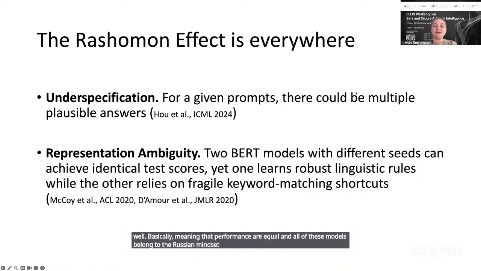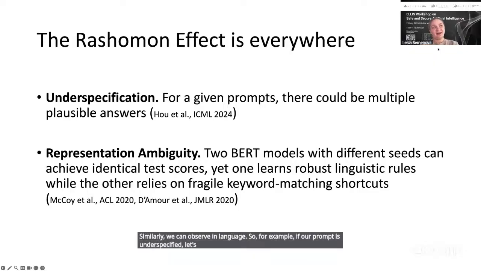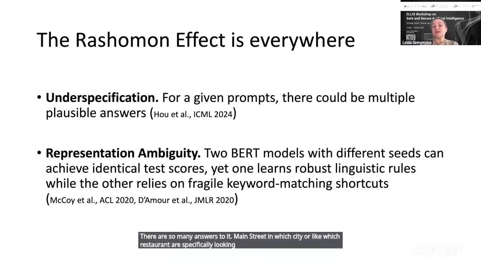Similarly, we can observe this in language. So for example, if our prompt is underspecified, let's say we ask the question, how many restaurants are on the main street? There are so many answers to it. Main street in which city? Or which restaurant am I specifically looking for? So legitimately, for my epistemic uncertainty prompt, there could be a lot of different answers.